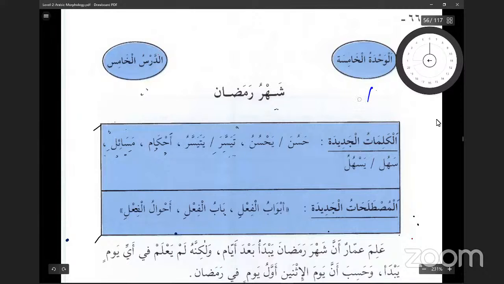طيب. Bismillah ar-Rahman ar-Rahim. So we have Al-Wahdatul Khamisa, which is the 5th chapter, as we know. Ad-Darsul Khamis, the 5th lesson as well. The title of our story now is Shahru Ramadan. The word shahr means month.